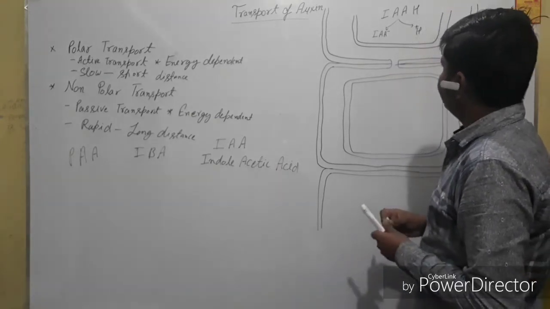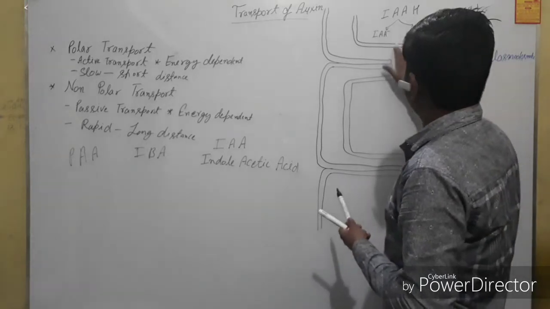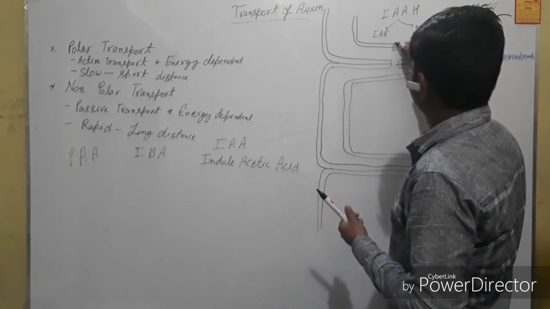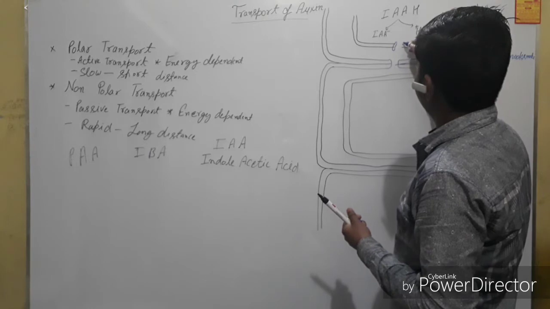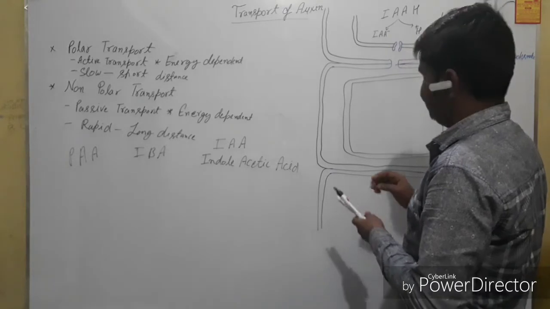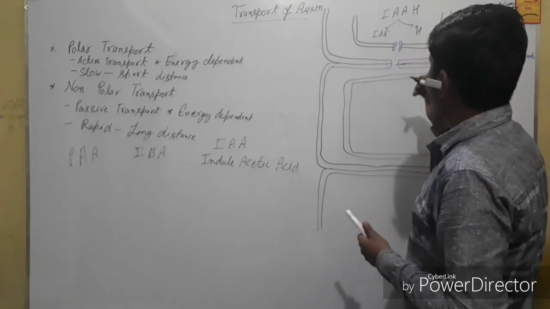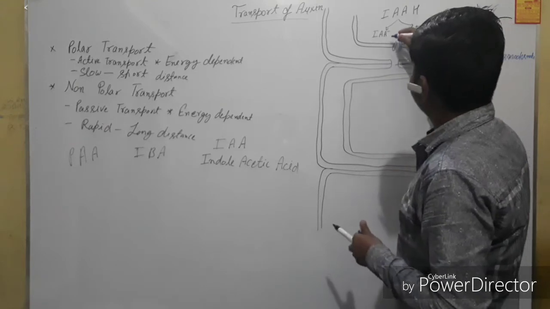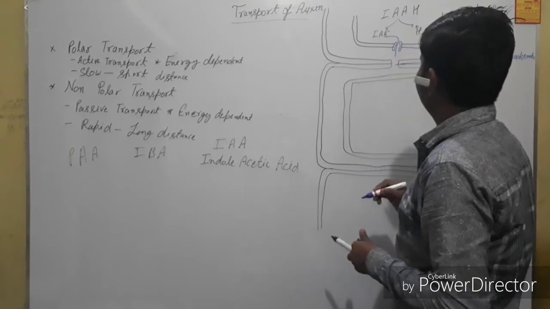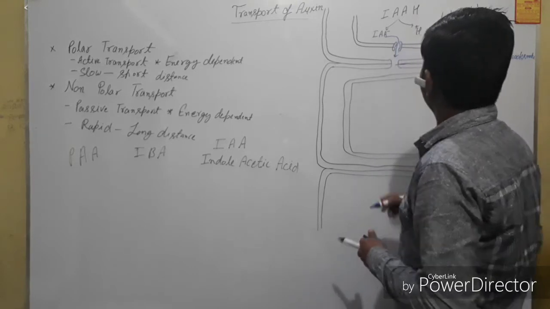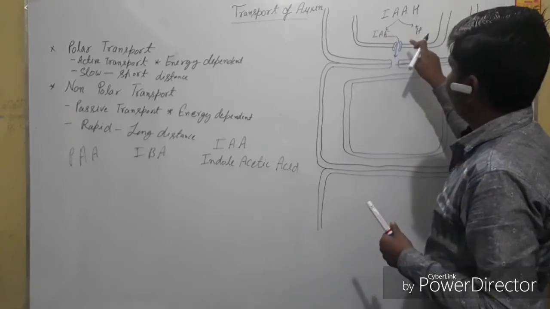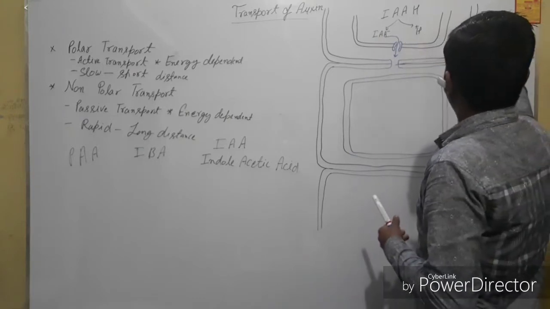Some transporter proteins are present here, known as PIN protein. With the help of this protein, IAA minus comes to the apoplastic region.